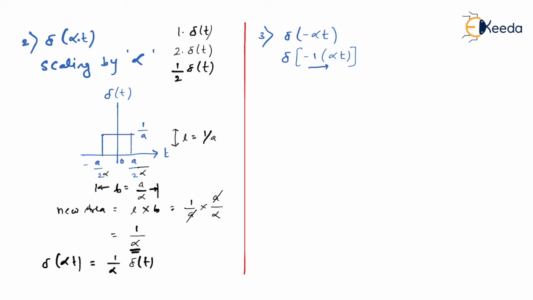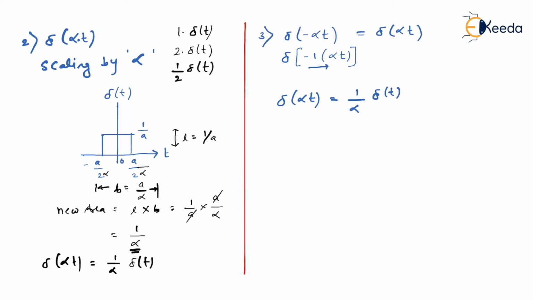And we know that for delta signal, time reversal property does not work. Del of minus t is always del of t only. So I can say that del of minus alpha t would be exactly same as del of alpha t. In that case, we know that for del of alpha t, we get impulse signal only with area equal to 1 by alpha.